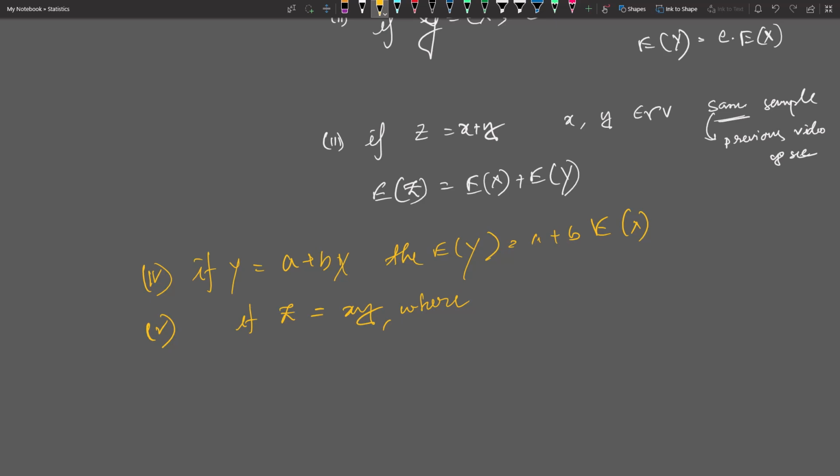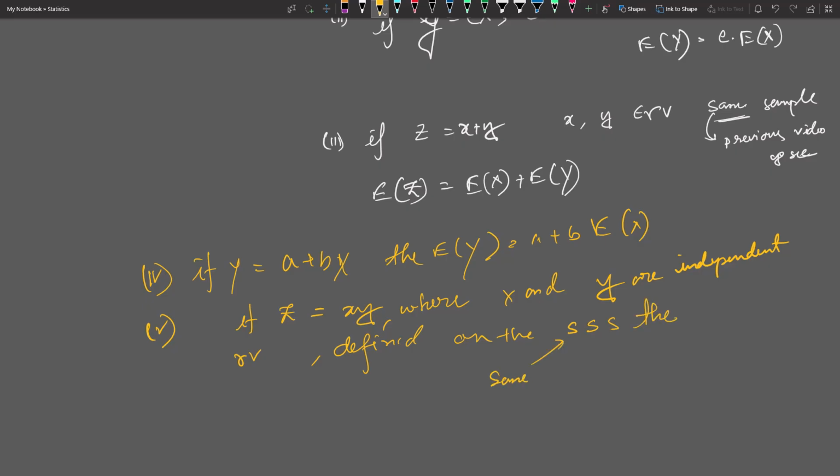Where X and Y are independent random variables defined on the same sample space.